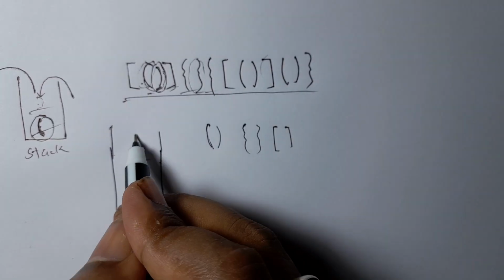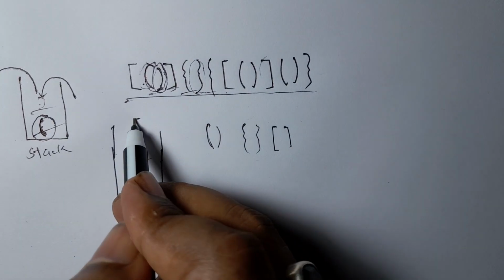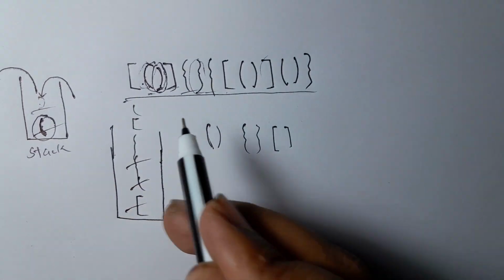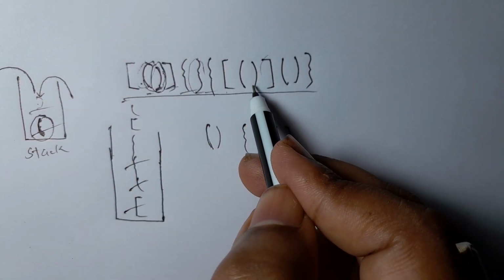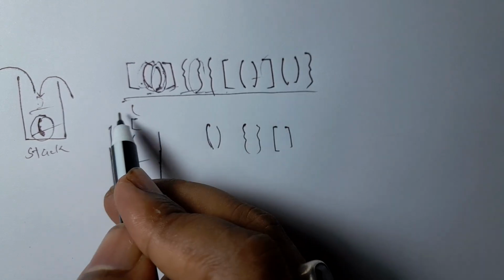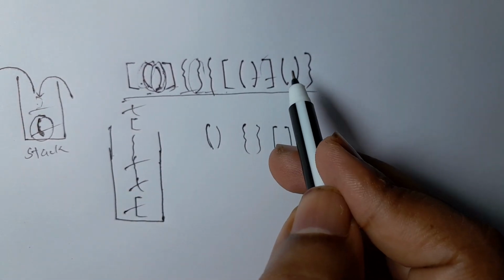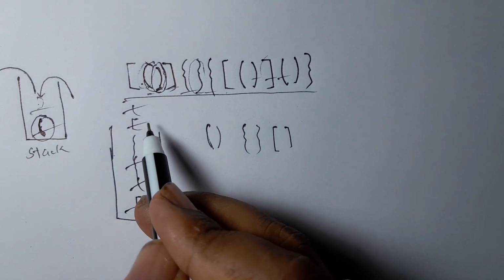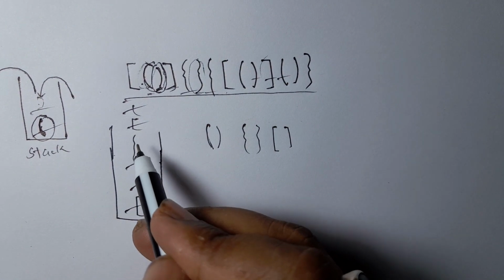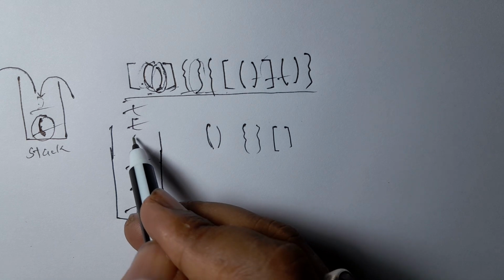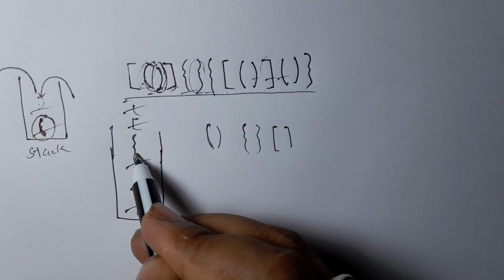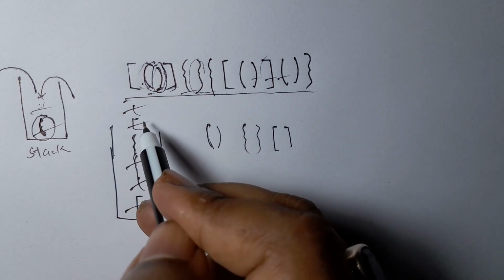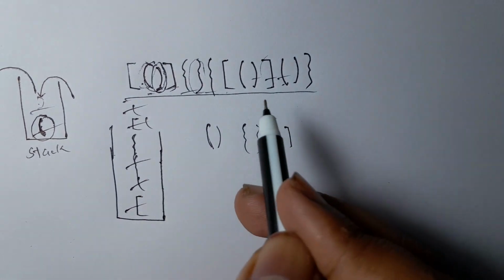I got an opening second bracket, I got an opening third bracket, I got an opening first bracket. Okay, I got a closing first bracket, I have popped it out. I have a closing third bracket, I have popped it out. I have an opening first bracket, my stack is not empty, and I have an opening second bracket also. Okay, I have an opening first bracket, I have inserted it here.